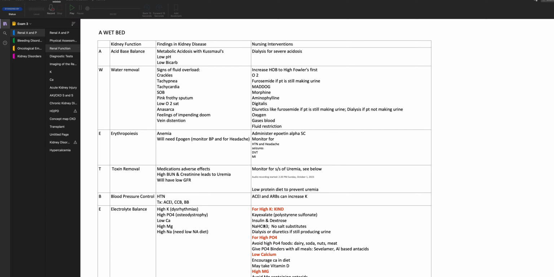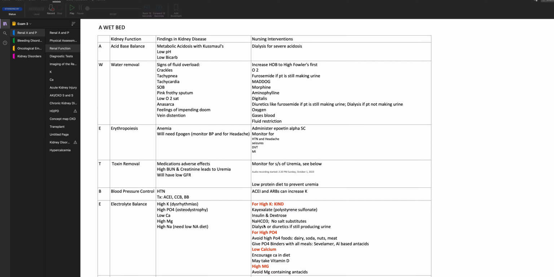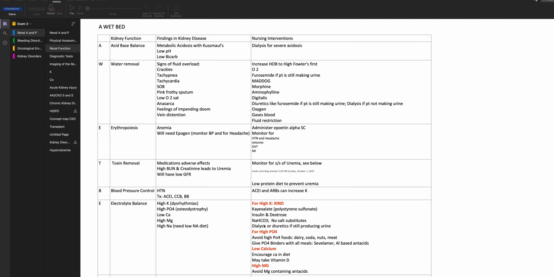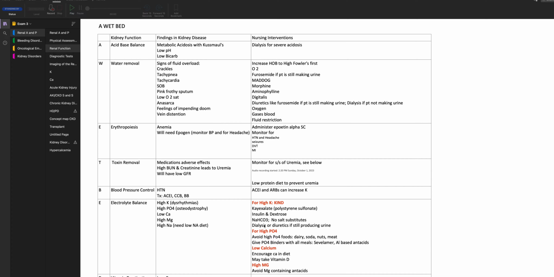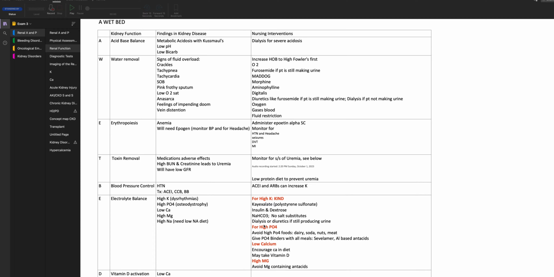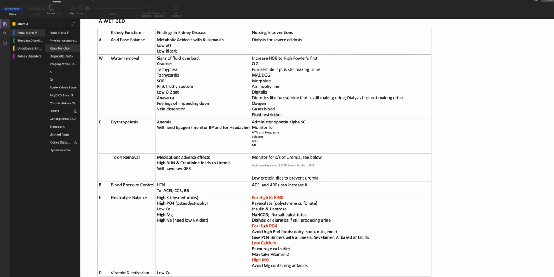All right, with the high phosphorus, we avoid high phosphorus foods. You give PO phosphorus binders with all meals, like Sevelamer is a good one that you see, or aluminum-based antacids.